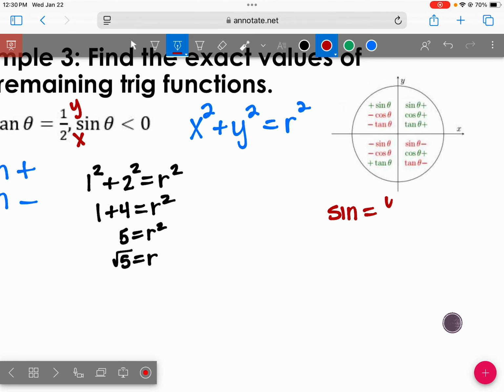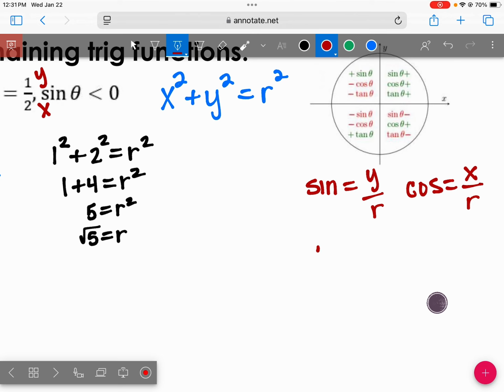Yeah. So sine is y over r. Cosine is x over r.